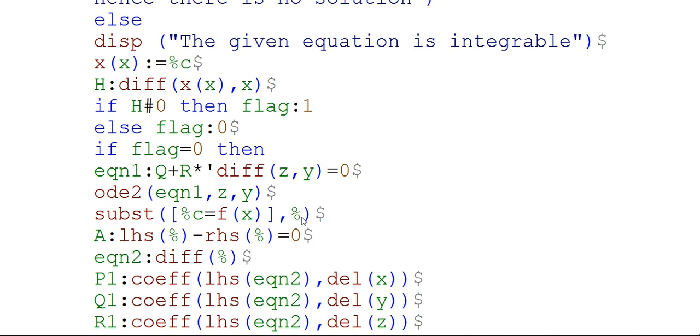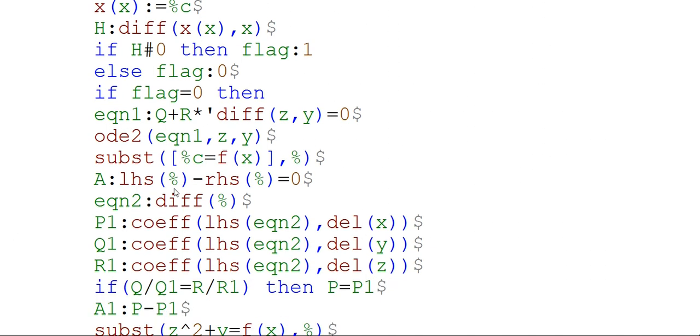That's why I call it percentage. This percentage is nothing but the previous expression. So now I want to transfer all the terms to one side of the equal sign. So I am writing this as LHS of percentage minus RHS of percentage is equal to 0. I call this by the user variable A. Whatever you want, the user variables can be changed.